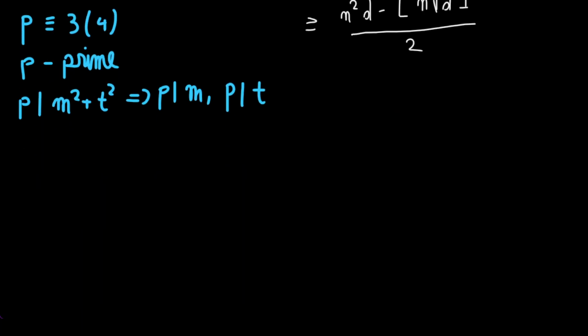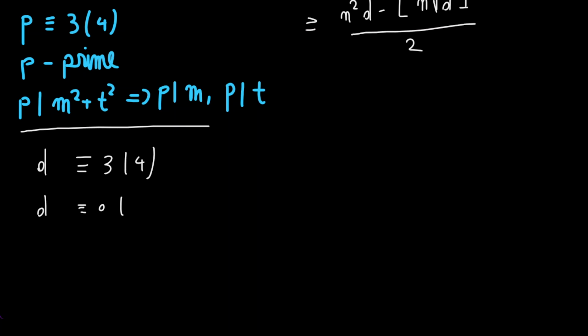Also, if you take some number which is congruent with 3 modulo 4, it isn't a perfect square. So let's put it in this context: let's put d congruent with 3 modulo 4 and d congruent with 0 modulo 5.